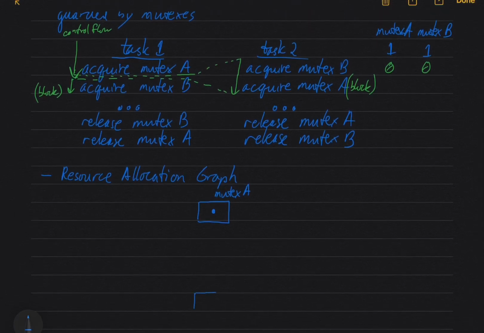And then the other square here will represent mutex B. And next we have tasks that are represented by nodes or circles. So this is task 1, this is task 2, and in the situation that we had up above, task 1 holds mutex A, so that is represented by a line from the dot in mutex A to task 1's circle.